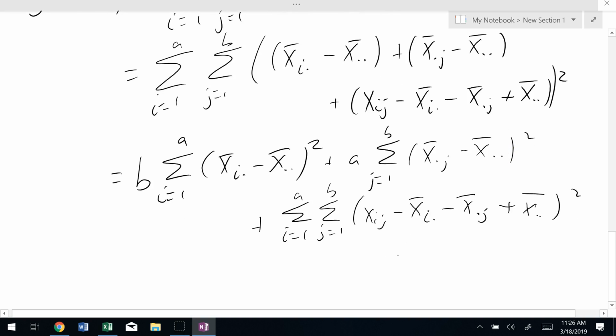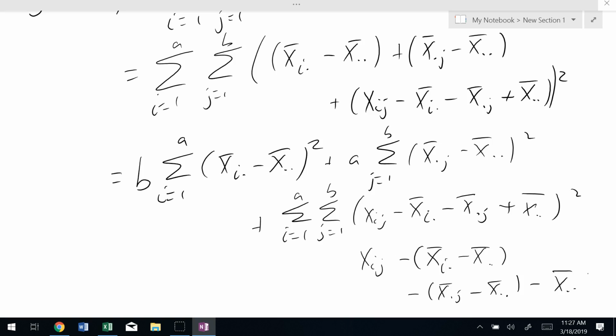I can rewrite this as x sub ij minus x bar sub i dot minus x bar double dot, minus x bar dot j minus x bar double dot, and then minus x bar double dot. I'm just looking at what's inside the parentheses. I'm not going to write all this squared again. Okay. Now, why did I do this?